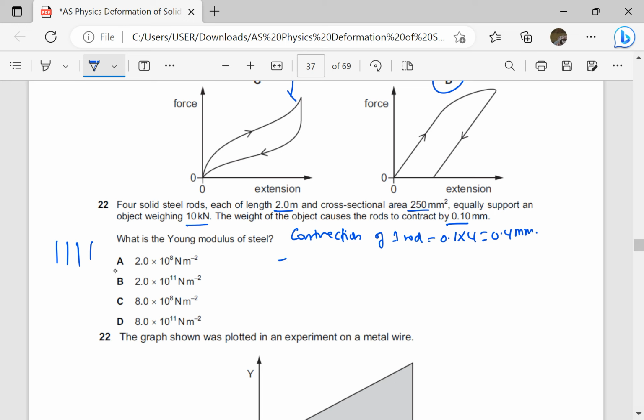So to find Young modulus of that rod, I will say force over cross-sectional area times the original length over extension. So the force, if it was alone, is going to be 10,000. Original length is 2 meters divided by the cross-sectional area, which is 250 times 10 power negative 6 to change it to meters squared. Then the extension of one rod would be 0.4 times 10 power negative 3.